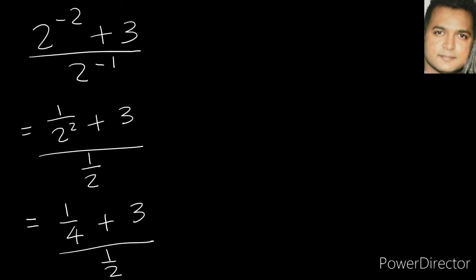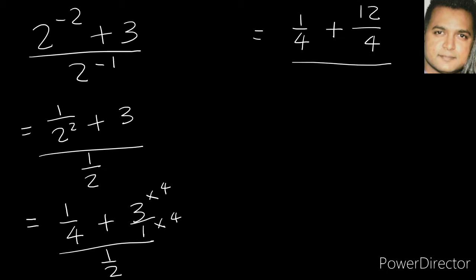Clearly we can see this is a fraction sum, so we look for the LCD for the top part. So we have 3 over 1, so we'd make this times 4 and times 4. So we have 1 over 4 plus 12 over 4 divided by 1 over 2.